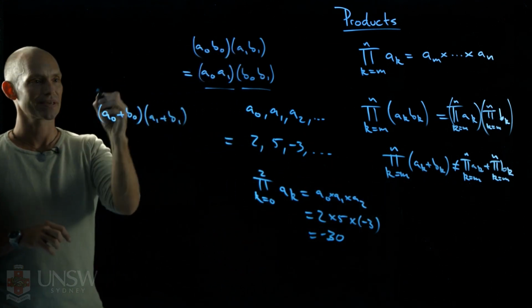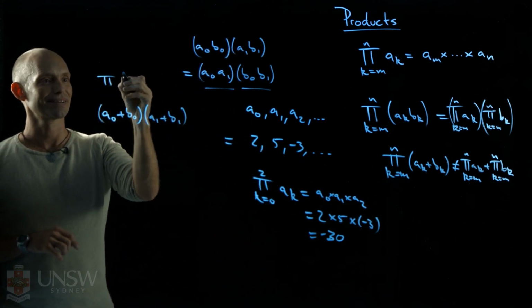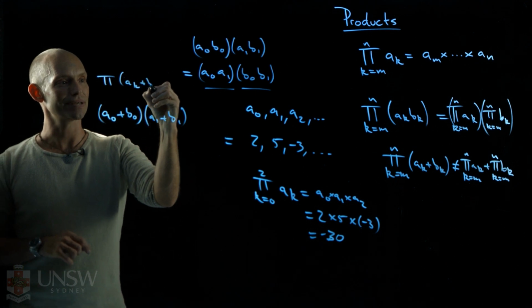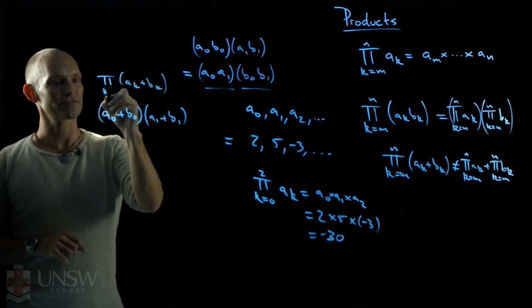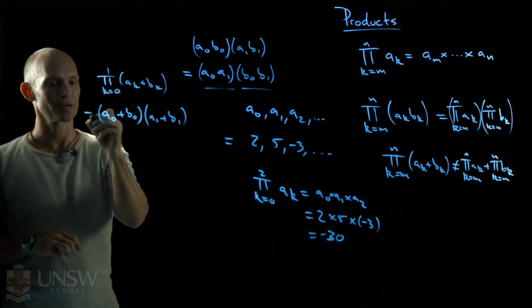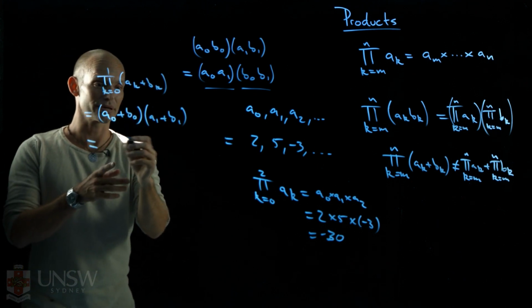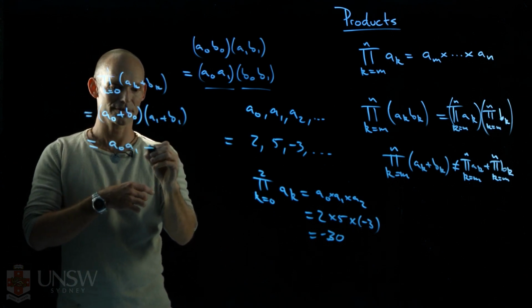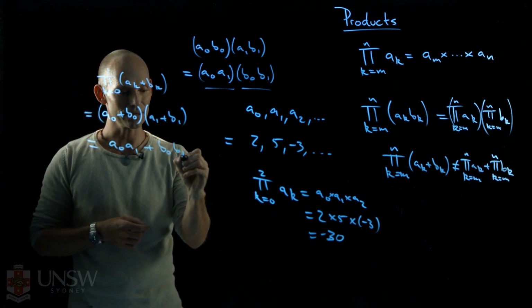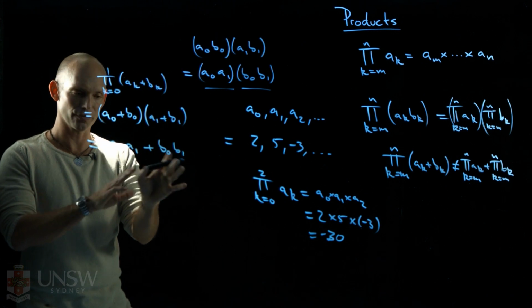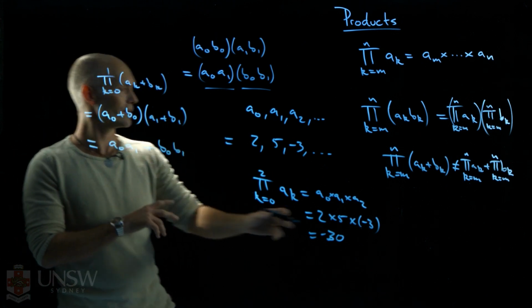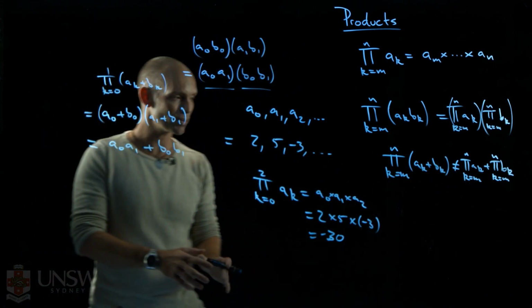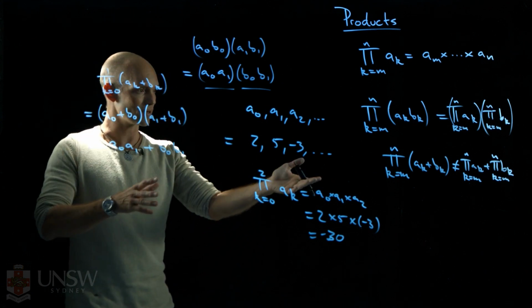This would be AK plus BK, where k goes from 0 to 1. And if we expand this, then we get A0, A1 plus B0, B1. And at this point, if we just stop here, then that's exactly what we've got on the right-hand side. But I just said that it's not usually.